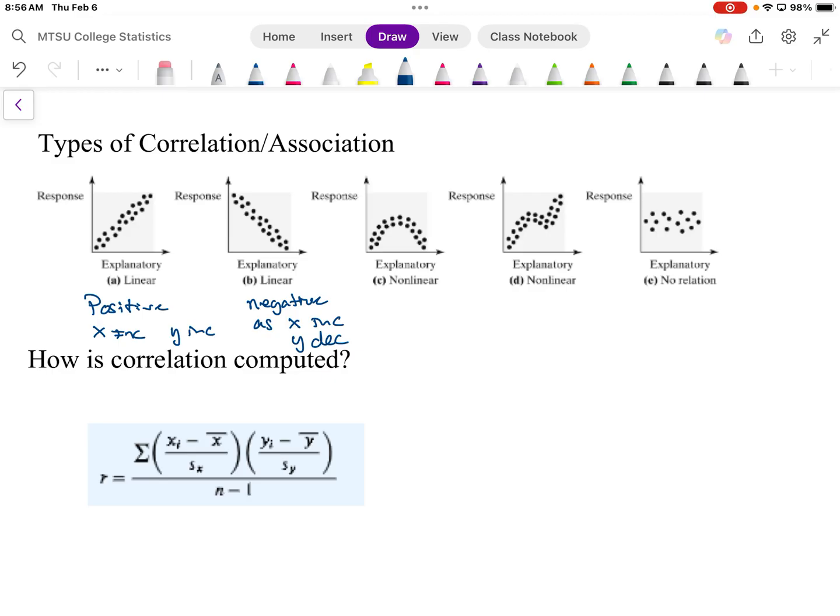The nonlinears get trickier. As we see in the next two pictures, as the x increases, sometimes the y is increasing, sometimes the y is decreasing. And that's why it's nonlinear. In some cases we would say there is a positive and a negative correlation. It just depends on what the values are. But usually the positive and negative are associated with a linear correlation.